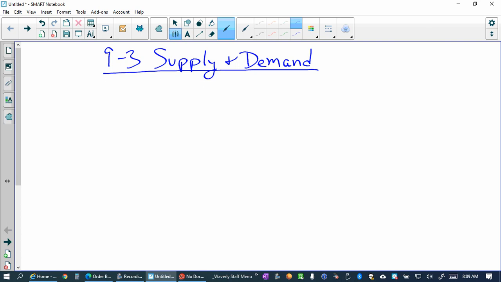So if the price of an item, we'll use the classic economics example, widgets, right? Whatever, it's just a generic term for some product that's made. If the price of widgets is high, do you think you would demand more or less of them? Less, right? And what if the price of widgets is high when they're sold?